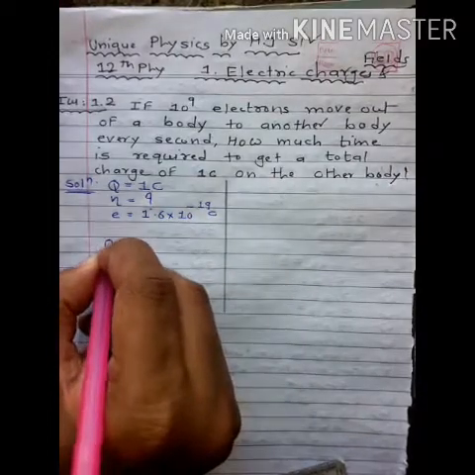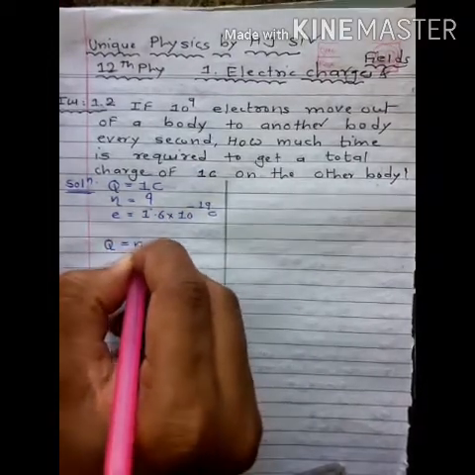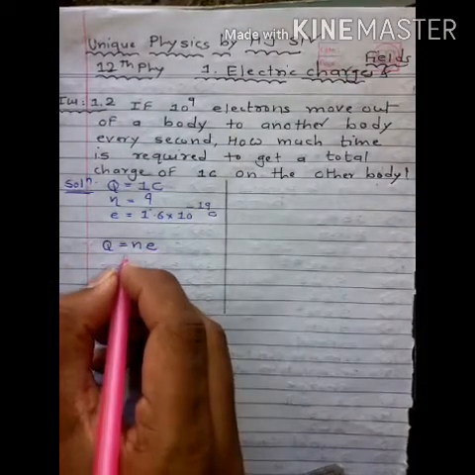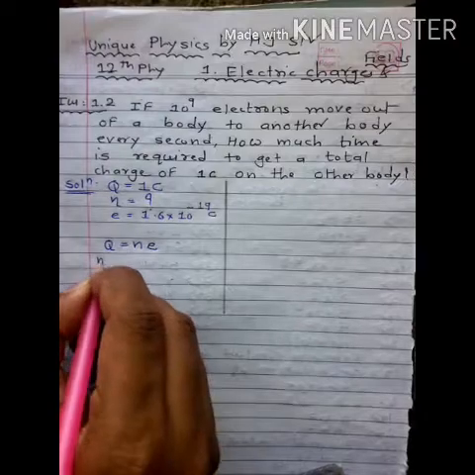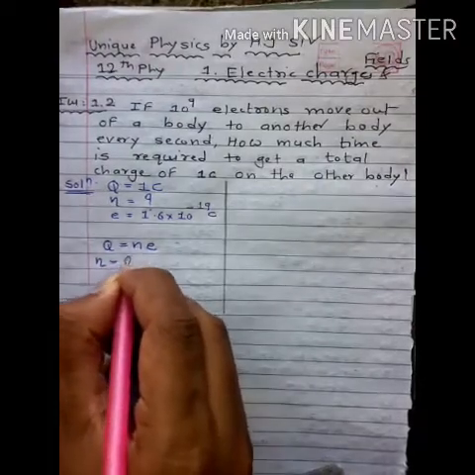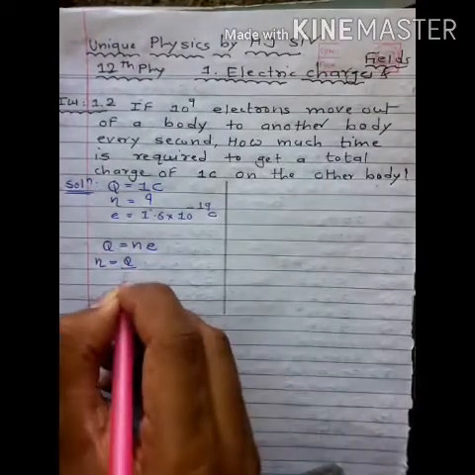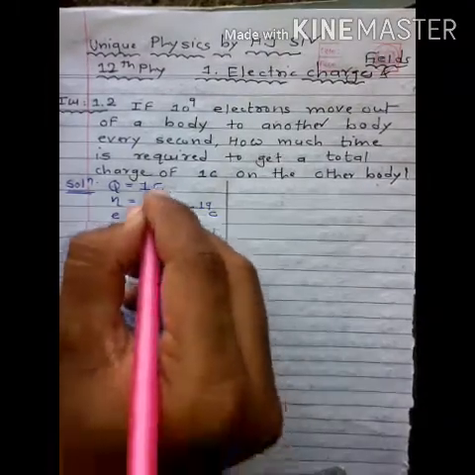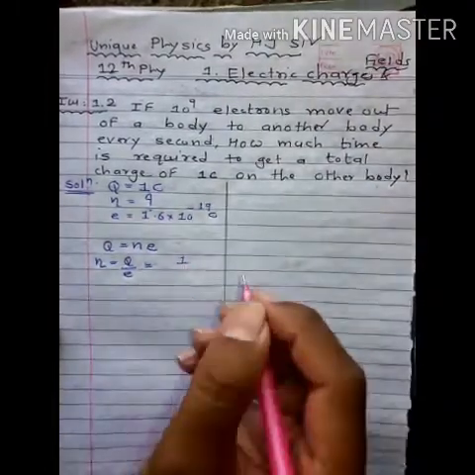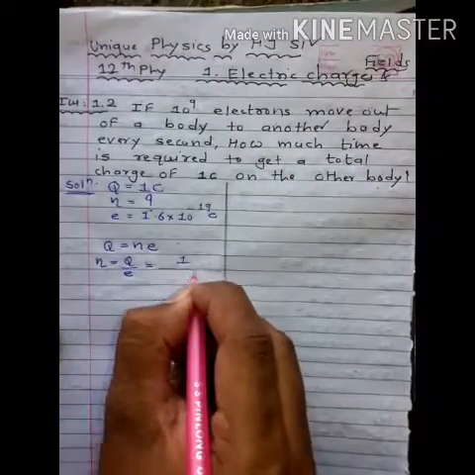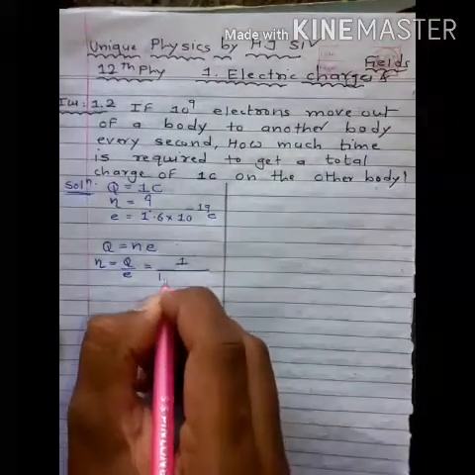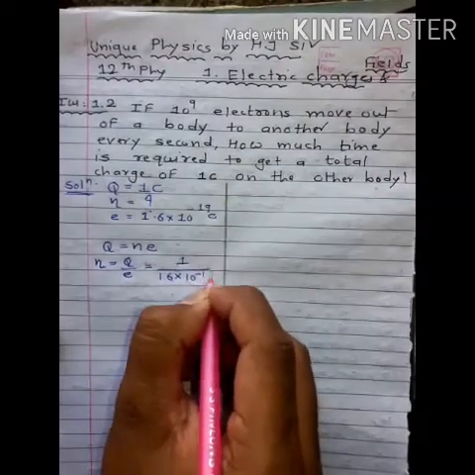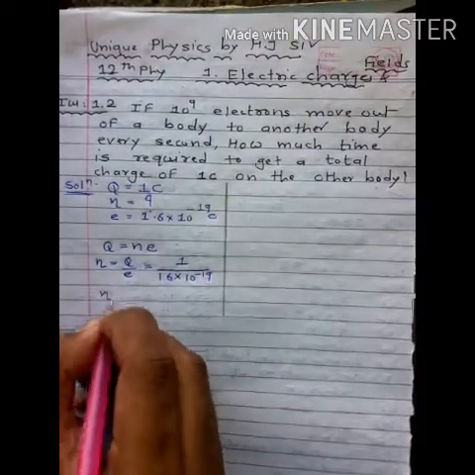First of all, we use our main equation, quantization of electric charge, Q is equal to ne. We want n, so make the equation for n. So n is equal to Q upon e. Q, the total charge on another body, is 1 coulomb, divided by e, the basic unit of charge, 1.6 into 10 raised to minus 19 coulomb.